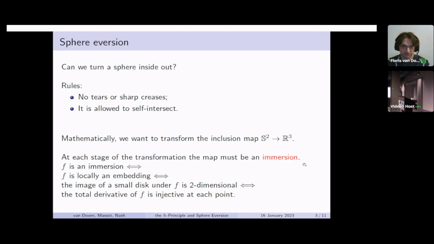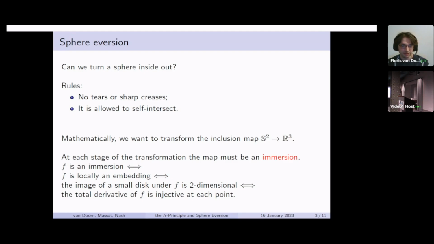And so here I've given three equivalent characterizations of what an immersion is. So the first is that F is locally an embedding. So that means that locally, if you just map F on a small disk on the sphere or small region, then its image under F is always a two-dimensional surface.